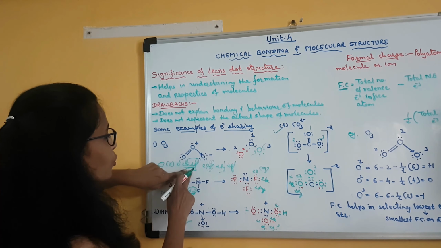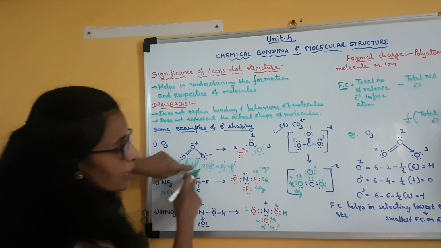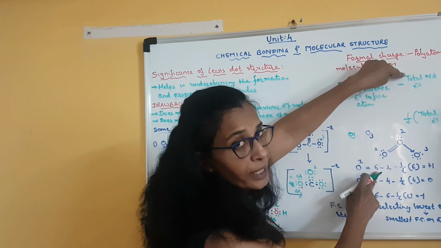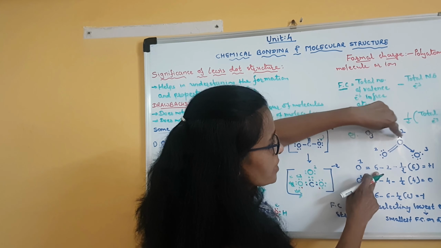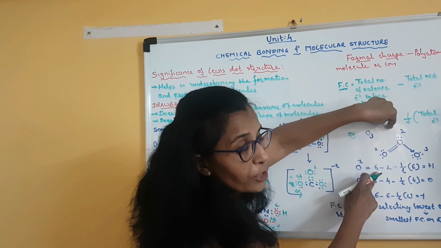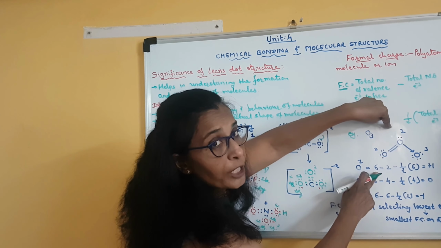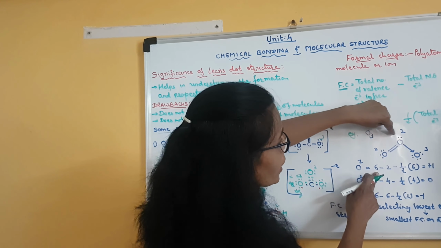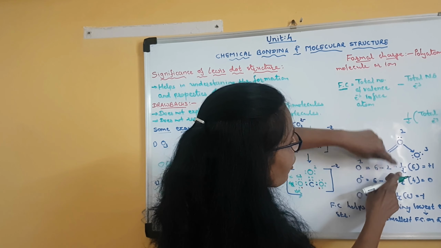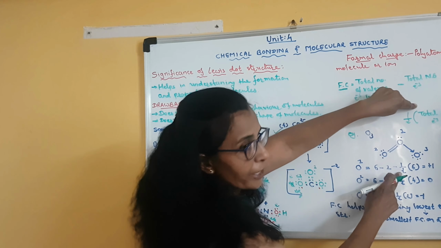Oxygen is having total 6 valence electrons. Clear? So it is 6 minus total non-bonding electrons. First oxygen is having 2 non-bonding electrons. We are not talking about electron pairs. We are talking about electrons. Clear? So 2 electrons are there which are non-bonding, minus half of total bonding electrons.